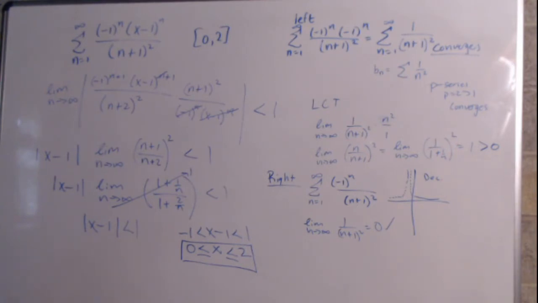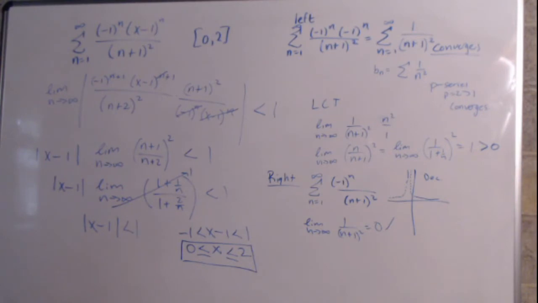So let me just make one more disclaimer because I see this all the time and it drives me nuts. Notice that both tests I use there just so happen to need the limit as n approaches infinity. The thing that drives me insane is that people will test the left endpoint by just taking the limit as n goes to infinity, and the same thing for the right.